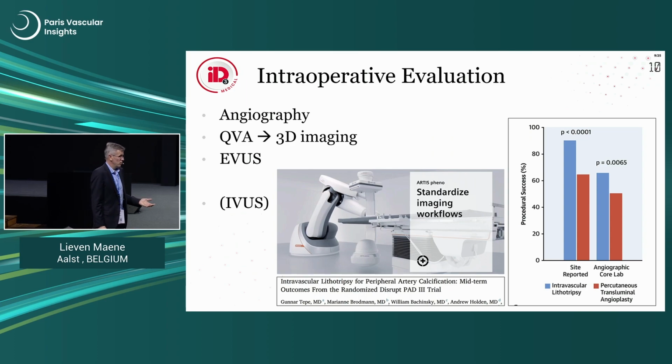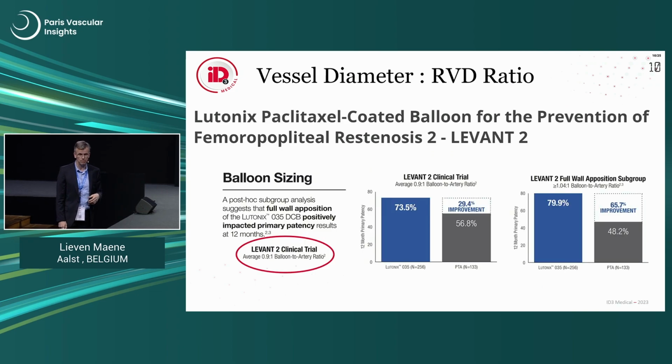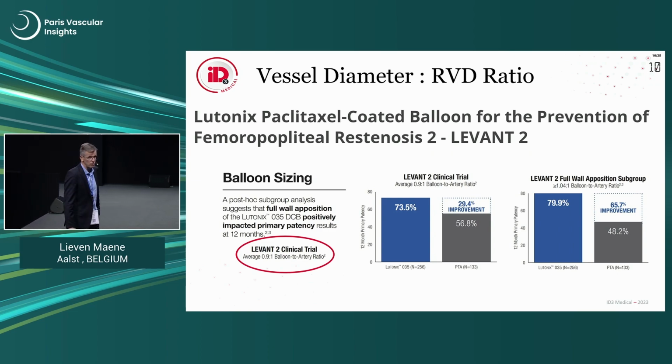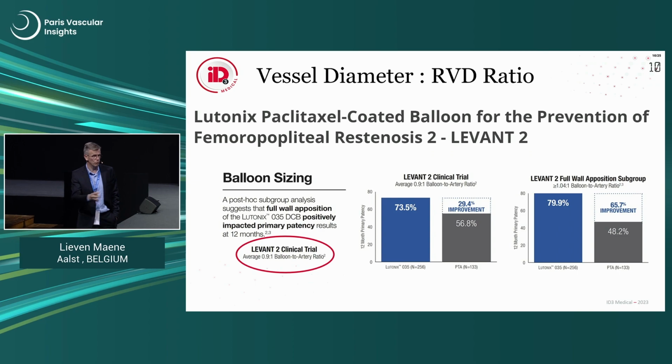And I have to admit, although we have these wonderful machines, we know from the studies that eyeballing and guessing is not as good as core lab and measuring. So we need more. And yes, potentially IVUS. And why do we need more? Well, it's proven in several studies. If you take the Levant trial, for example, when we use optimal wall apposition by selecting the appropriate device according to the vessel's diameter, we definitely have improvement.